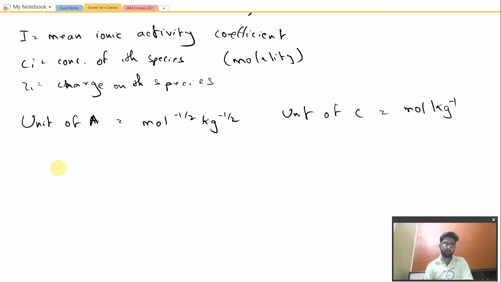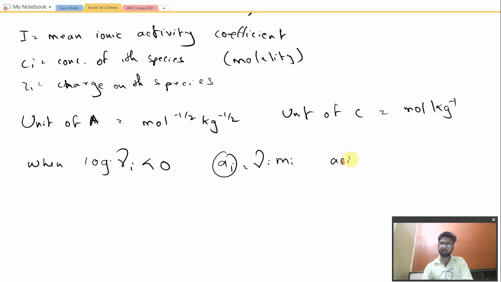Now let us write down some conditions. When log gamma i is less than 0, ai is equal to gamma i into mi, where ai is the activity of the ith species.